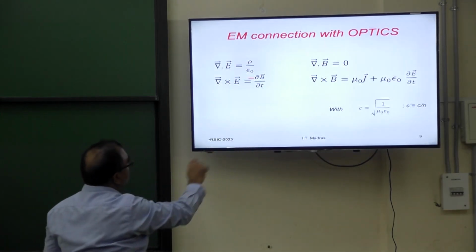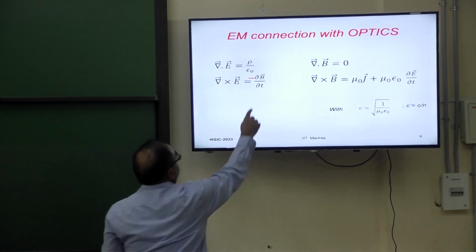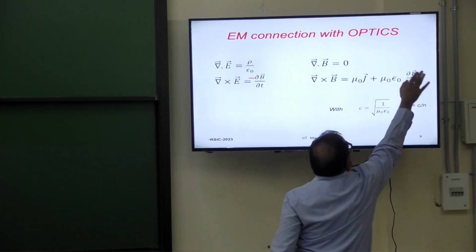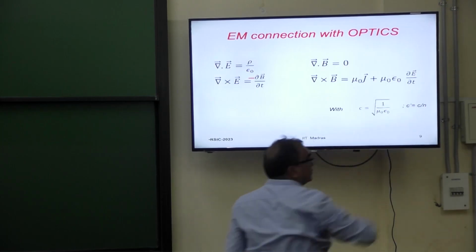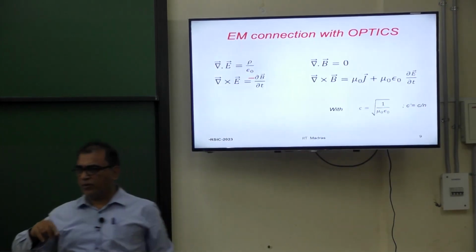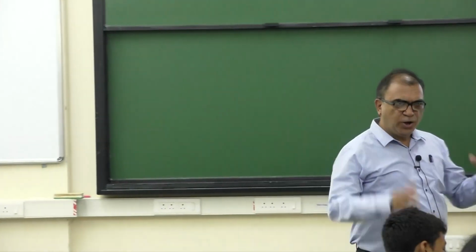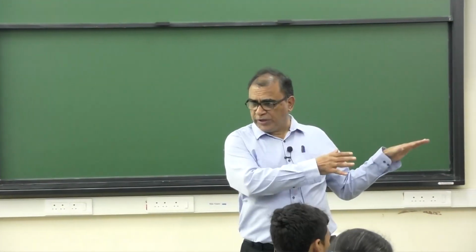These are the four equations for charge density rho and current density J, and the displacement current density, epsilon naught dou E by dou t. I know that you don't know this.